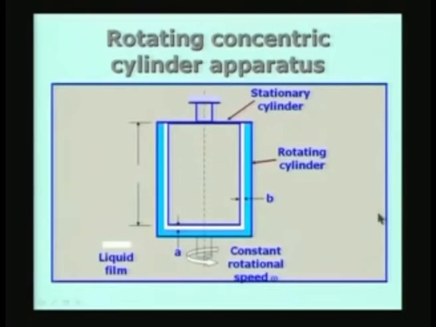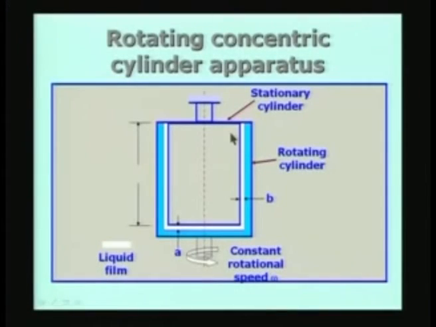The third method I am going to look at is a rotating concentric cylinder apparatus. Let me try to explain how this works physically, and then we will try to work out a formula which will give the desired quantity. The apparatus consists of a stator or a stationary cylinder, which is supported here. This is a support.